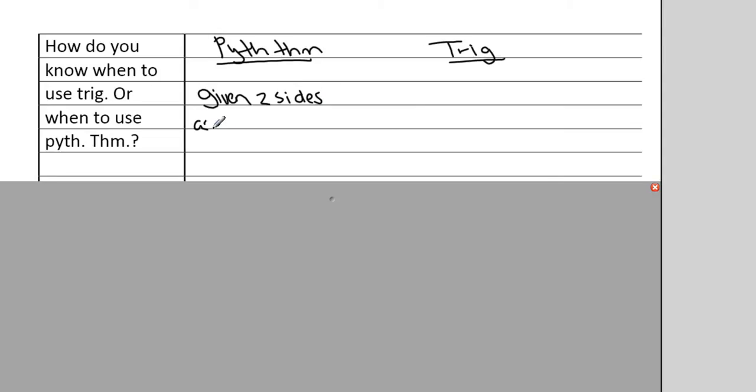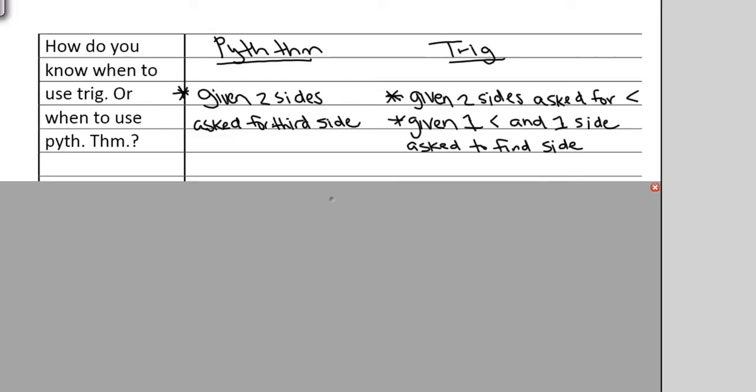You're going to be asked for the third side. With trig, you're going to be given two sides and asked for an angle measure, or you're going to be given an angle and one side, asked to find the second side. So you're going to be given one angle and one side, asked to find the second side.